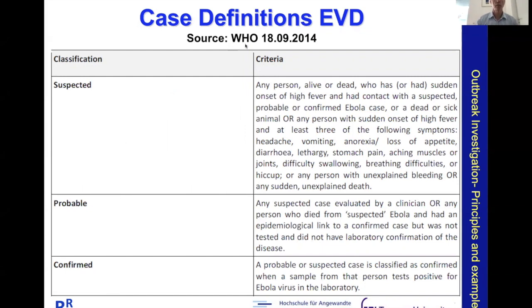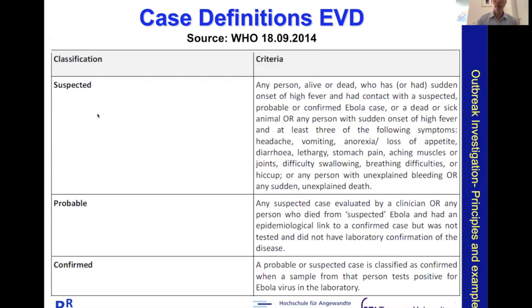Here's the WHO case definition for the West African Ebola outbreak. And as you can see, here they also used a suspected case definition. So this is very sensitive. You will have everybody potentially involved. Probable, which is most likely to be a case, or confirmed, which is definitely a case, so which is very specific.